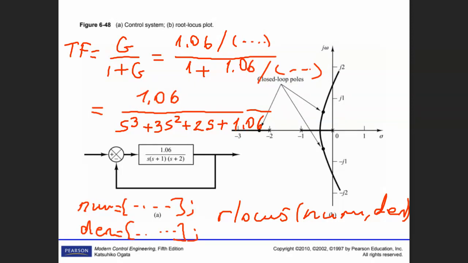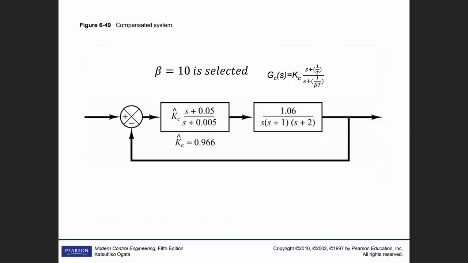But we are not happy about this one since the steady state error is not good. Beta is 10. You remember beta 10 is a good number.